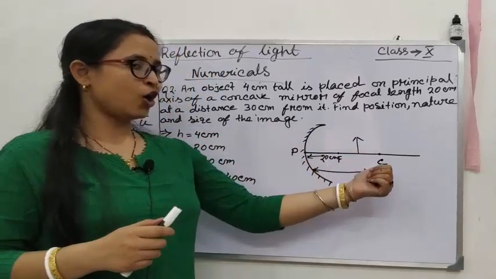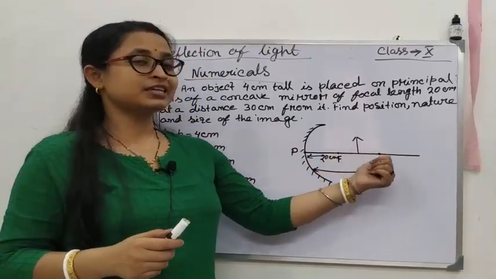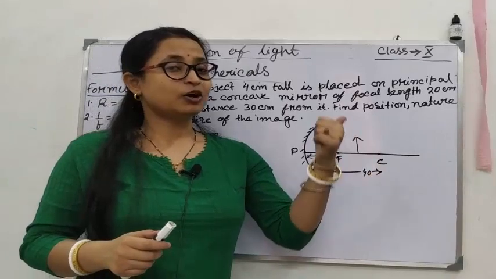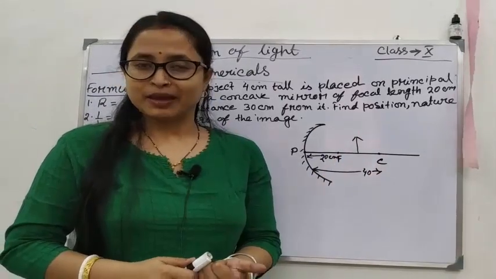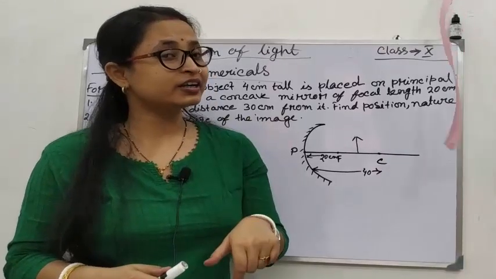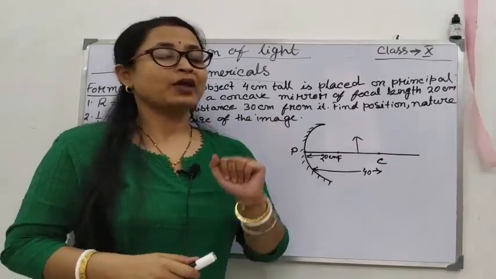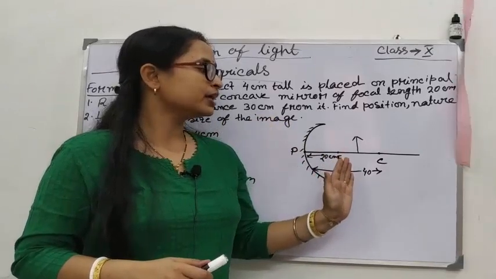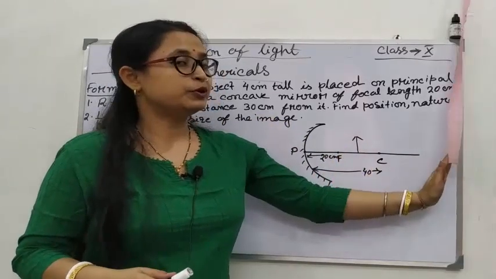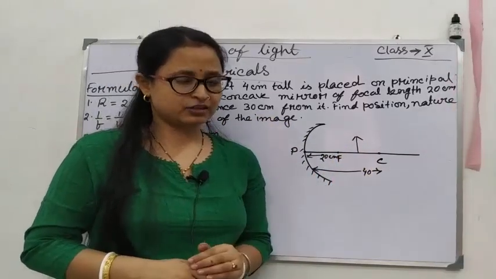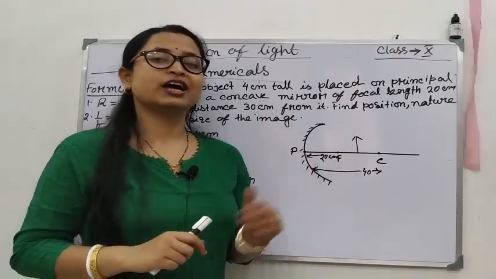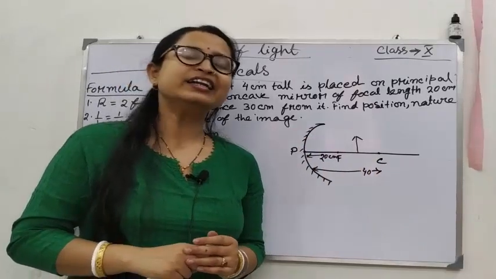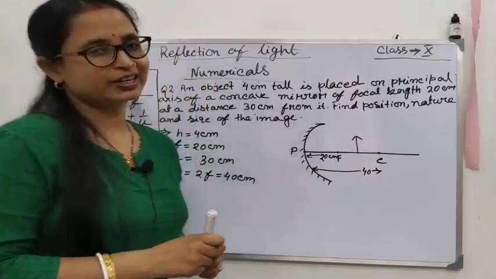Whenever we place an object between the focal point and the center of curvature, the concave mirror will give a magnified image which is inverted, real also, and placed beyond the center of curvature. Don't worry if you forgot, just draw this diagram and you will definitely get the nature of the image. So let us draw.